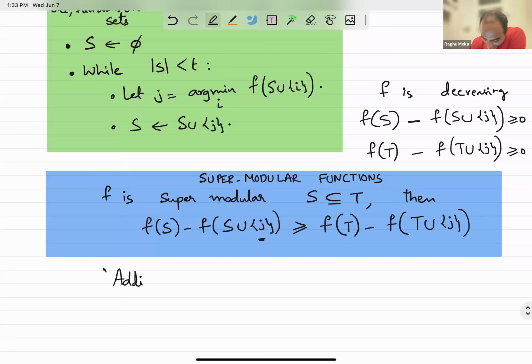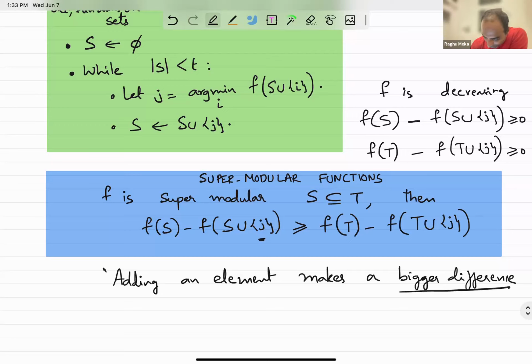So in text, adding an element makes a bigger difference to smaller sets. Okay, does the definition make sense?